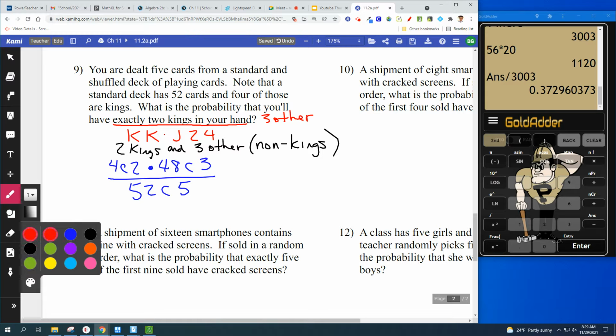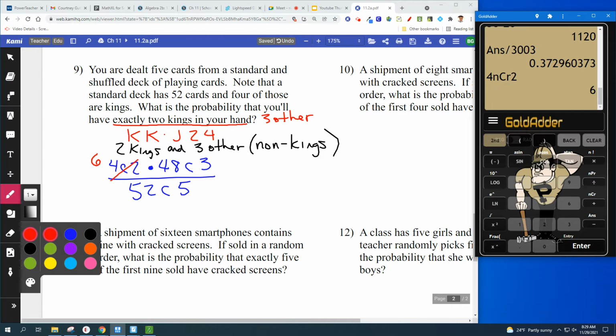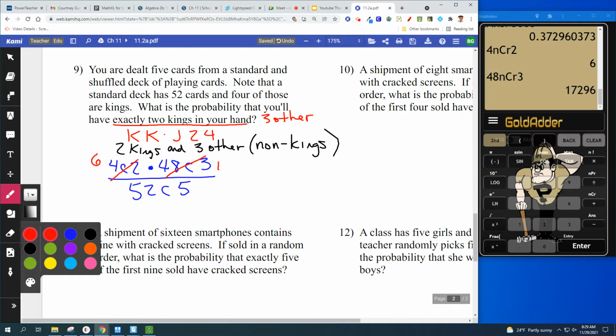What's 4 choose 2? I believe that's 6. Sometimes you've just seen some a lot. 48 choose 3. Okay. And 52 choose 5.